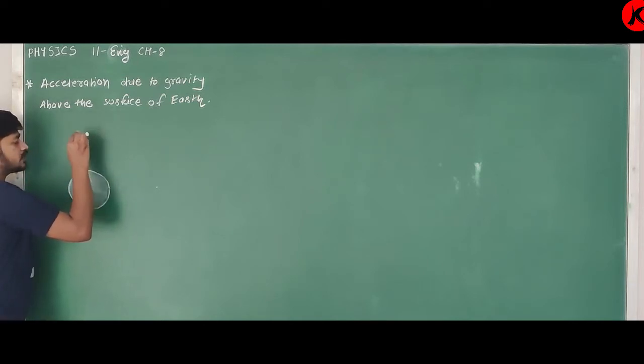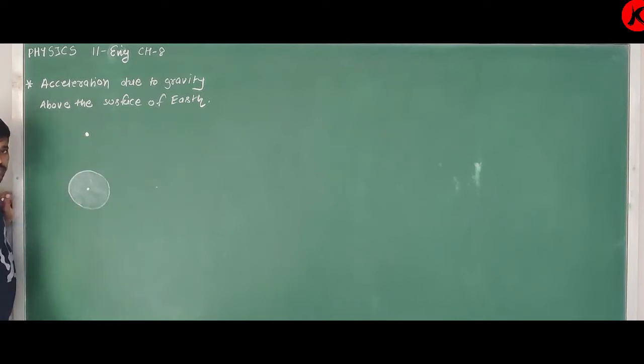Acceleration due to gravity above the surface of Earth. I am taking one point here. At this point, what is the acceleration due to gravity of Earth that we have to find?